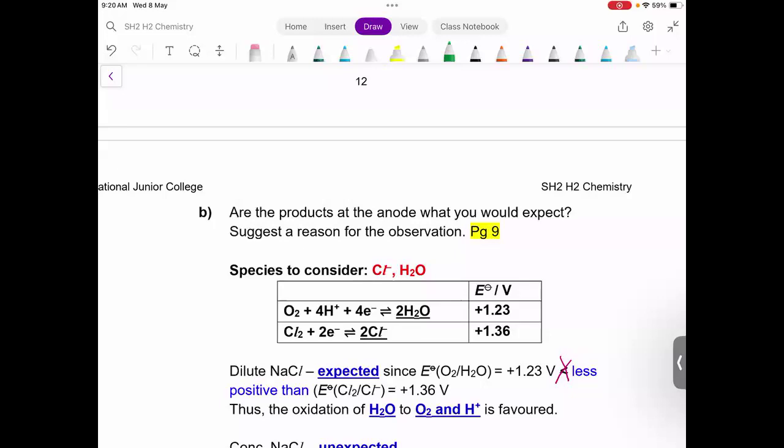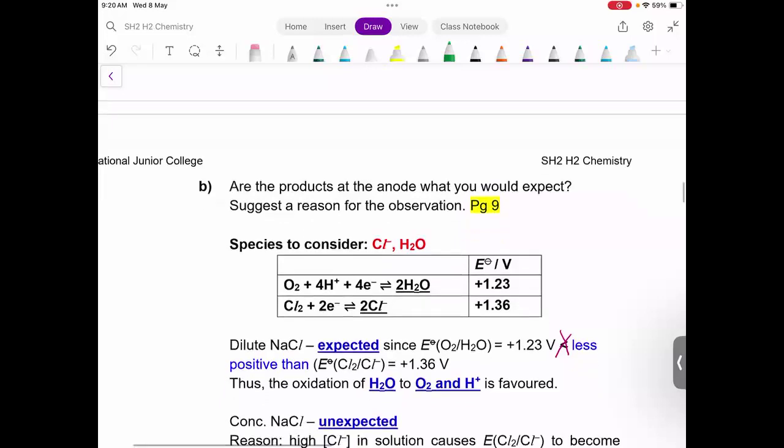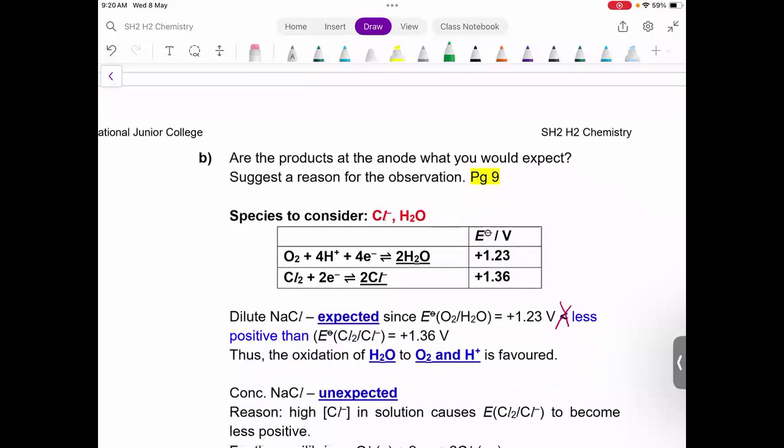You cannot be confused. So please take note, please don't use that term in your notes. Can you change that? Say less positive. So it's less positive than chlorine to chloride. Therefore, it will be the one that is preferentially oxidized.